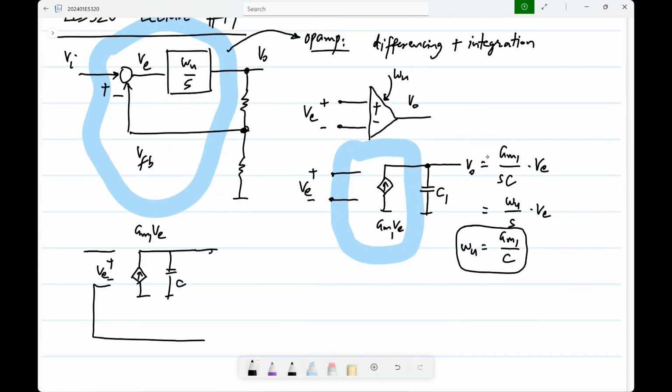And I have C. So will this work as expected? Why not? What's the issue? So this resistive divider is also across the capacitor, and it's going to load it.